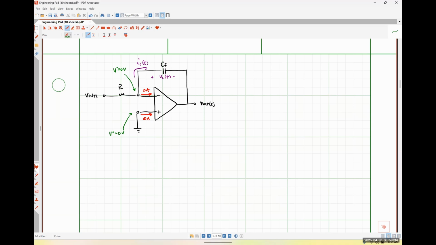And so what I'm going to do now is perform KCL, where I'm going to say that this current flowing in is equal to this current flowing out yet again. So that's going to give me the relationship V in as a function of time divided by R is equal to IC.